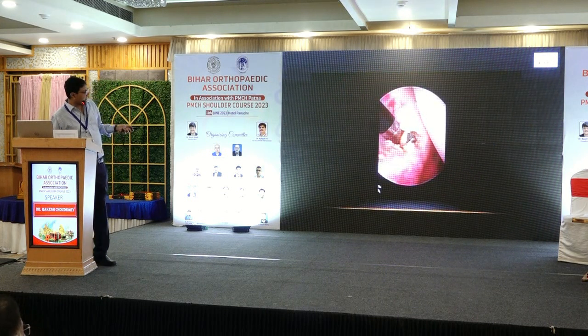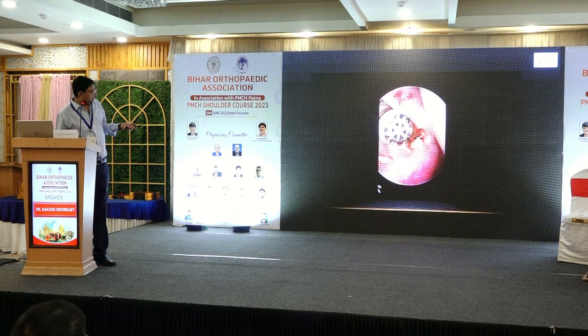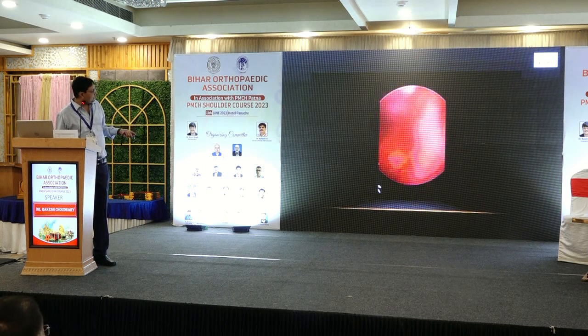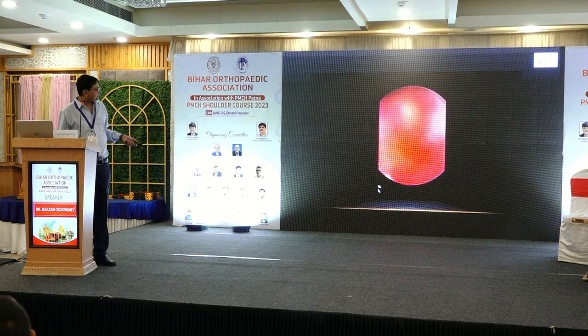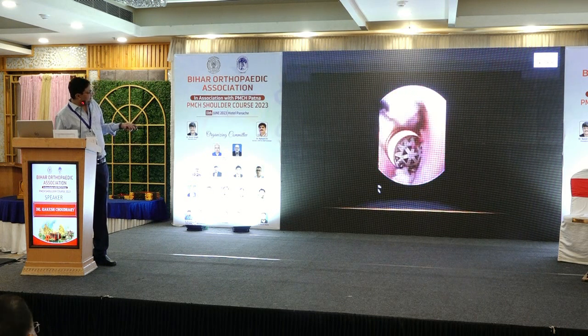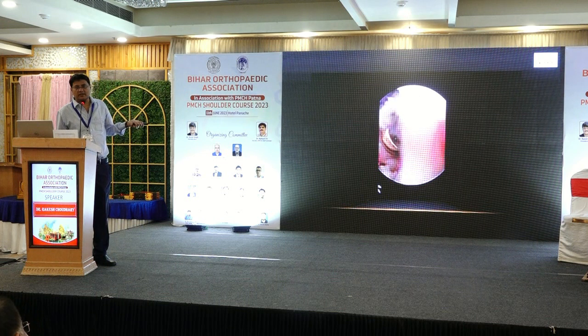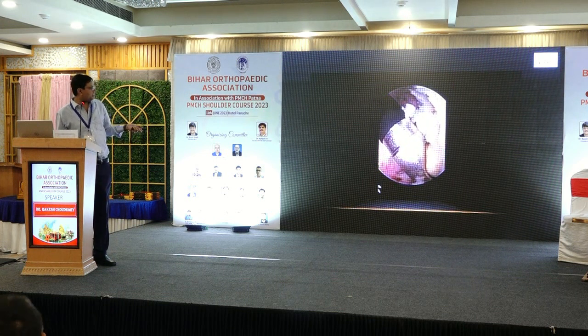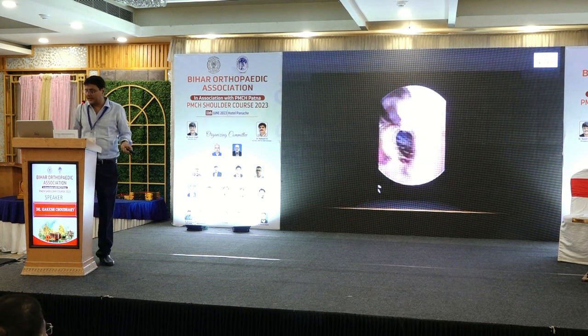Then you release the capsule, just the capsule, from above downwards, and you can see the muscles there. If there is bleeding, you can just coagulate and do hemostasis with the same band at the same time, and then again the visualization is very good.